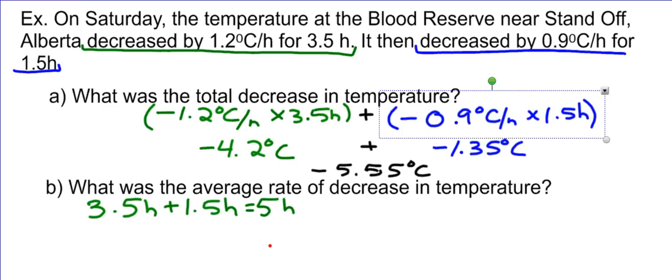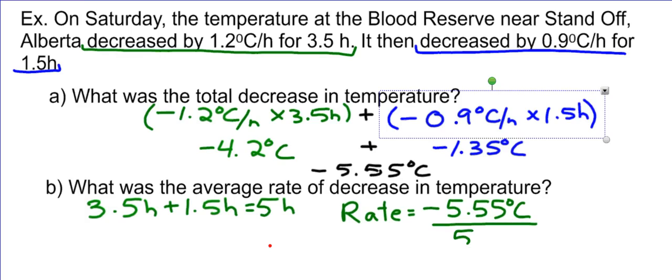In that total time, our temperature decreased by 5.55 degrees Celsius per 5 hours. When we divide those, we get a rate of negative 1.11 degrees Celsius per hour. And both units stay, they don't end up canceling each other out.